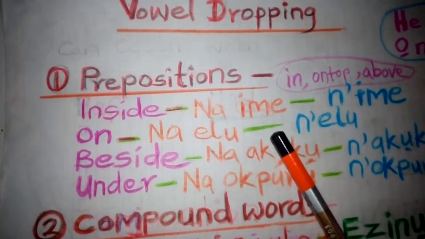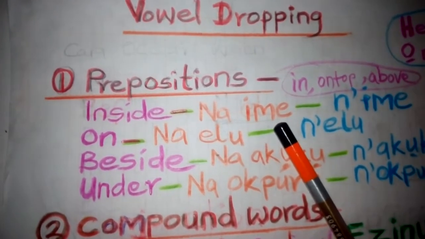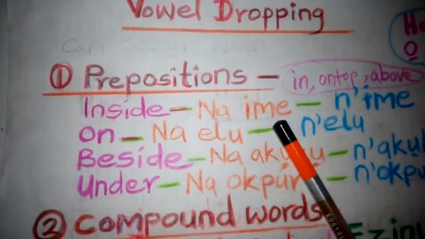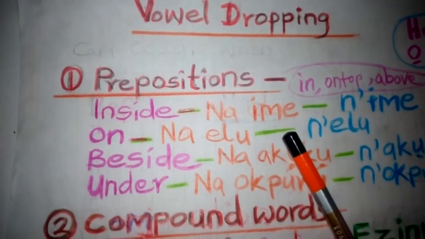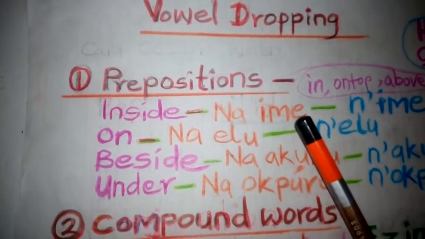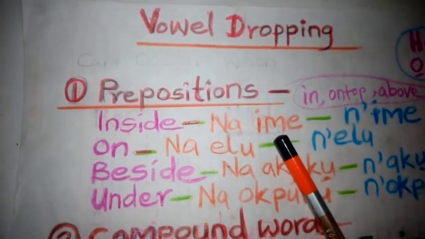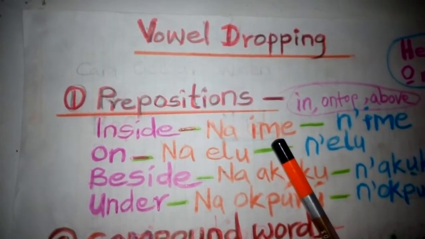Another thing is that you can only remove the a from the na and replace it with an apostrophe when na comes right before a word that begins with a vowel.